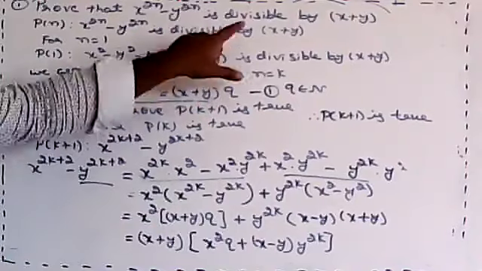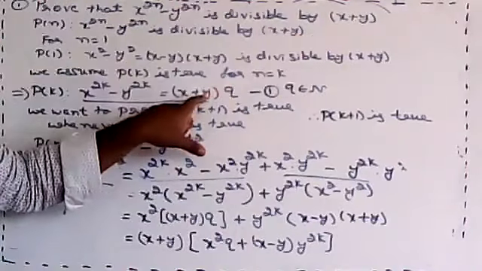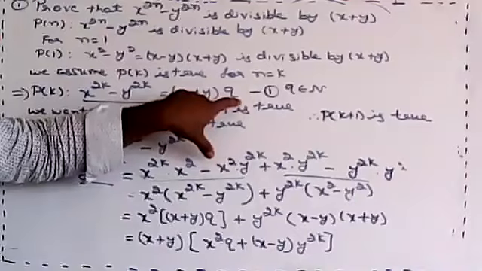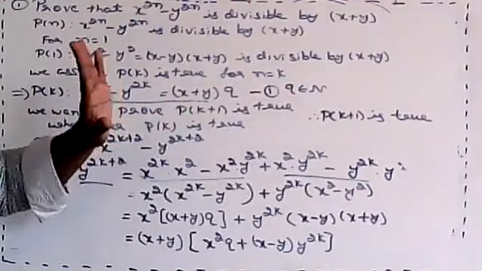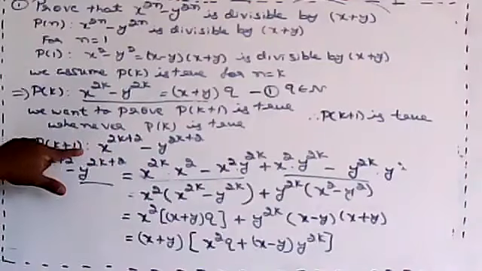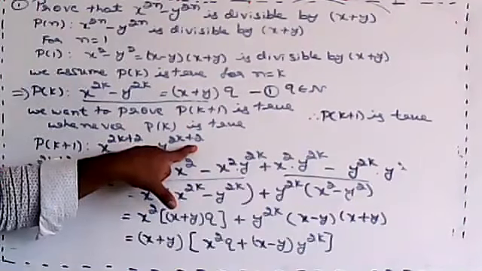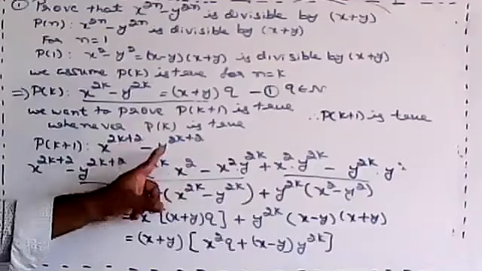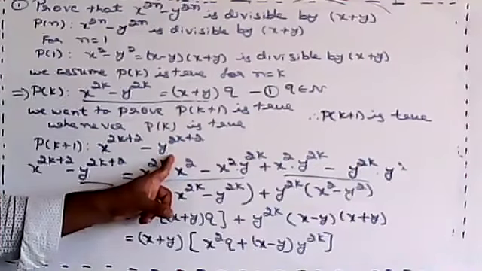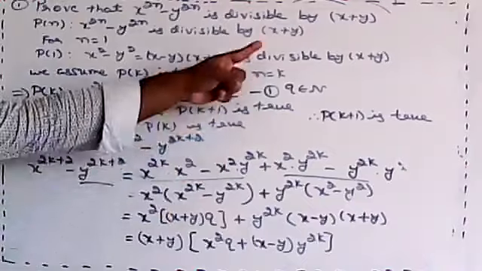See, just check this one. Whatever the P of k term you're taking as divisible by x plus y, so x plus y into q we are taking, where q belongs to N, or lambda, any you can take here. Correct or not? When you move on to P of k plus 1, we are replacing k by k plus 1, no? That time it is x to the power of 2k plus 2 minus y to the power of 2k plus 2. Now we have to solve for this one: is it divisible by x plus y?